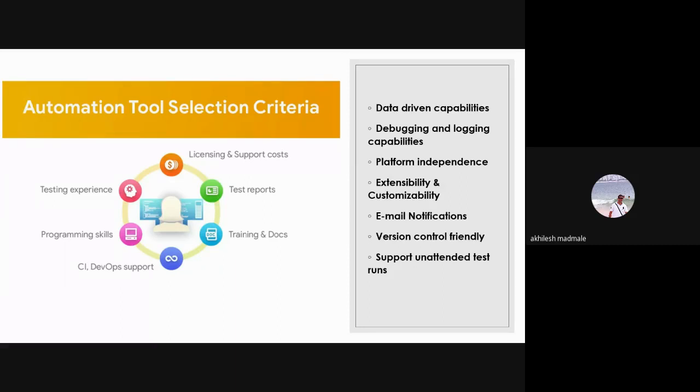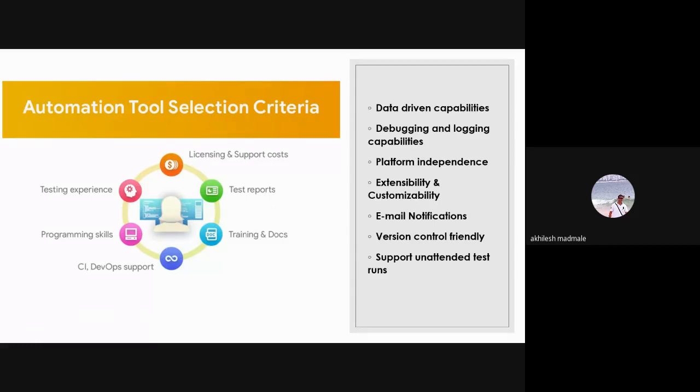Testing experience, like, yes, I have automated 10 test cases, but while running, my script is hanging and a few steps are skipped during execution. That kind of experience is also important while selecting the right automation tool.